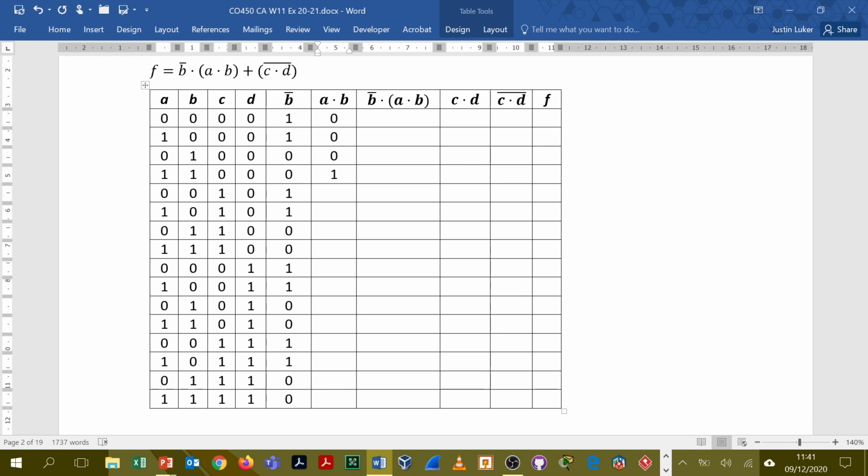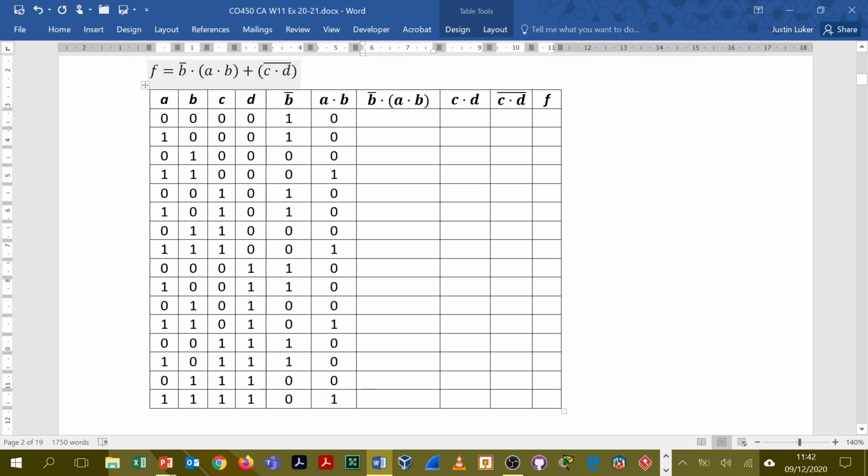Here we go, 1, 1, so that's an output of 1. And then we've got 0, 0, 1 and 0, 0, 0. Oh, we got another 1. Let's see where the pattern's going. There we go, 1 there. So that's all the 1 outputs for A AND B.